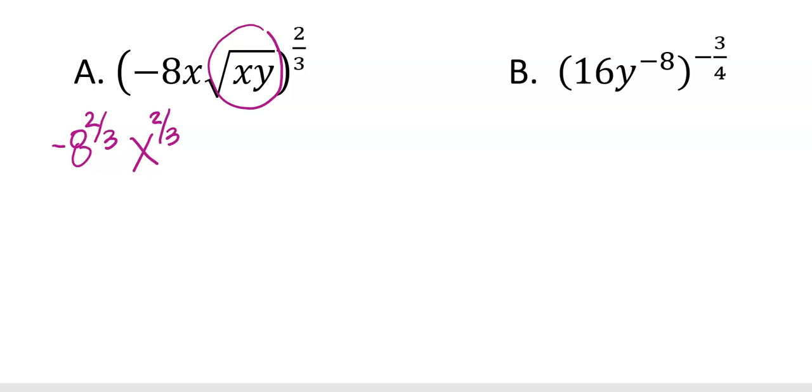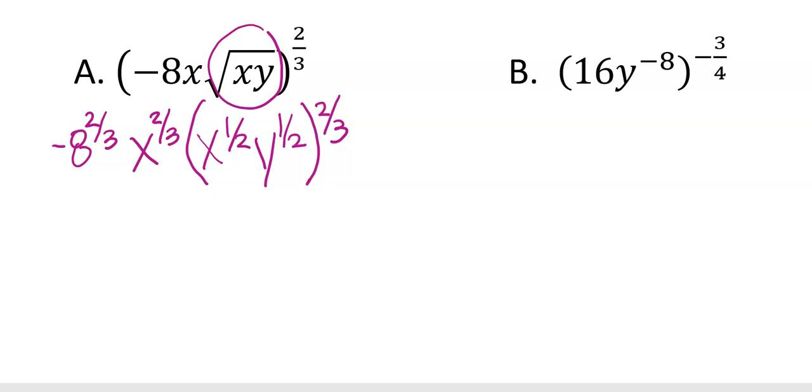Inside number's 1, outside number's 2. Okay, so far. But then that whole thing is to the 2/3 because I haven't done those yet. So -8 to the 2/3, x to the 2/3, this to the 2/3. But this I wanted to get rid of that square root and I wanted to write it as fractions. Each of those then gets a half because they're both under the square root.